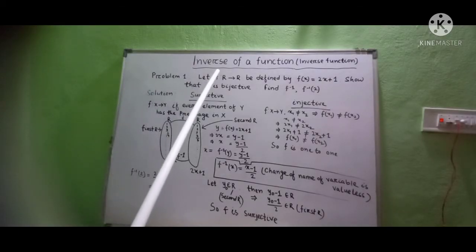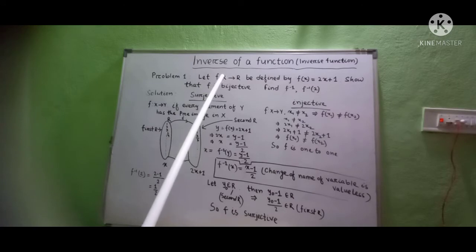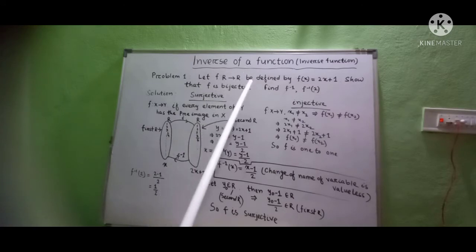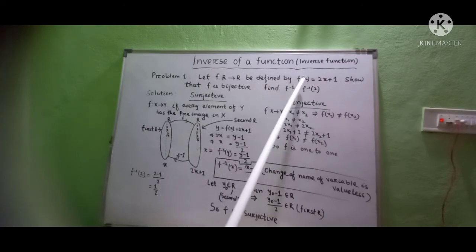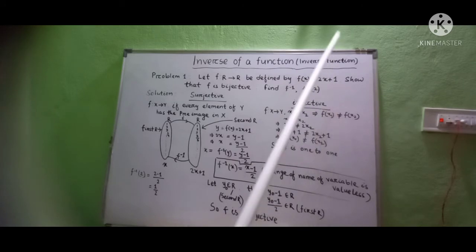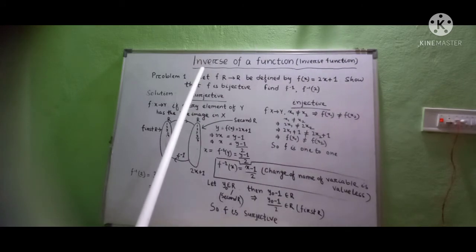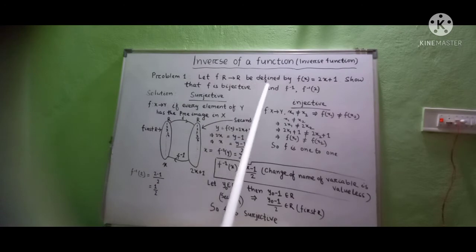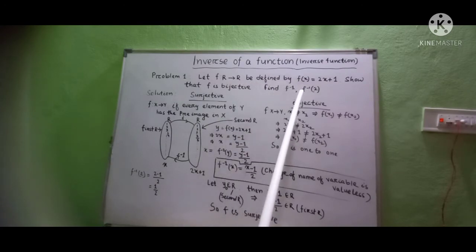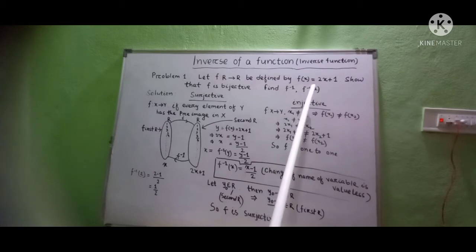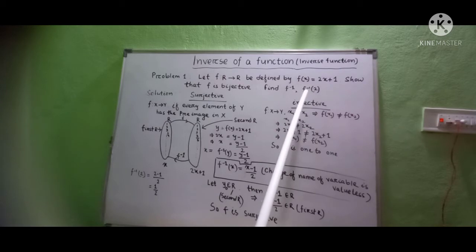Let function f from R to R be defined by f(x) = 2x + 1, so that f is bijective. Find f inverse and f inverse of 2.